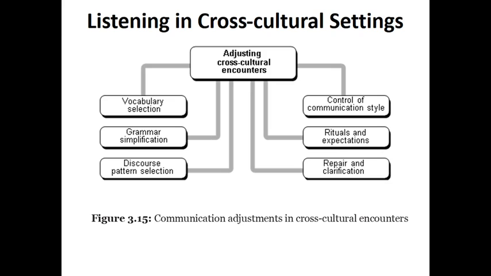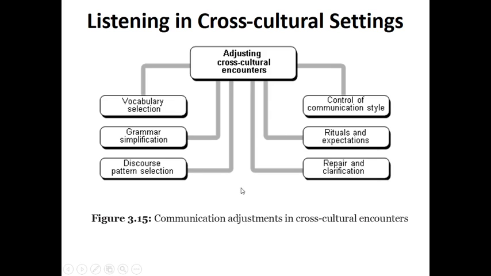Adjusting to cross-cultural encounters. When you are in the cross-cultural setting, you have to select the vocabulary, grammar simplification, discourse pattern selection, then control of communication style, rituals and expectations, repair and clarification.